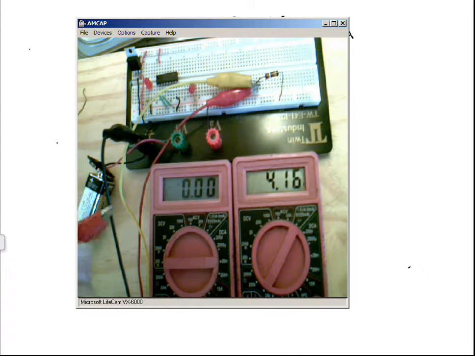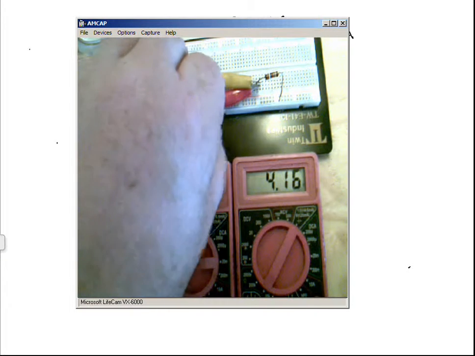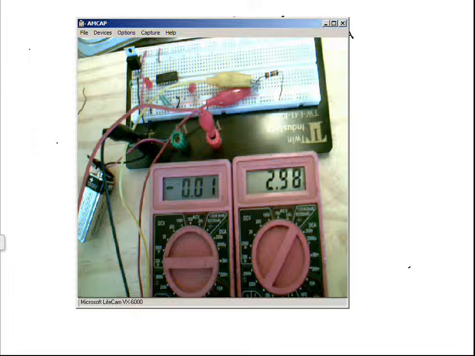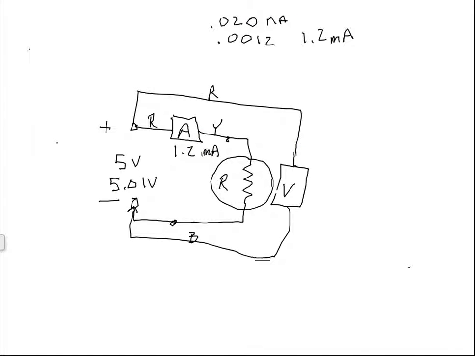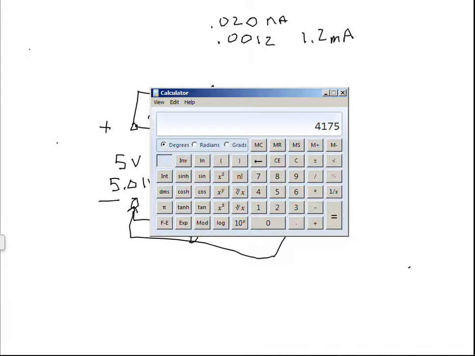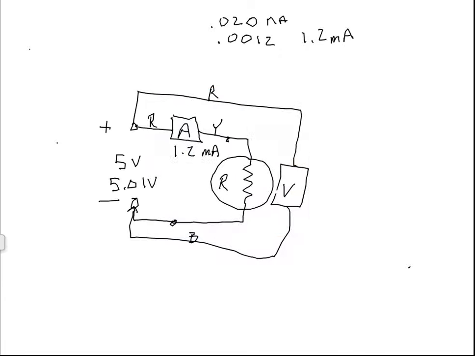So 4.16 kiloohms is what I'm measuring, and my calculator said it should be 4.175. I'll take 10 to 15 ohms out of spec on that. So that pretty well proves Ohm's Law does work.